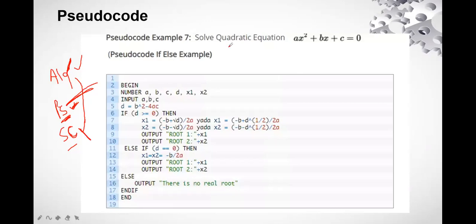So here I have taken an example. If we are solving a quadratic equation, what will be the pseudocode of this? The pseudocode will be this, that is, begin. I'm not saying how we are going to start, how we are going to include the library functions or whatever. Then how we initialize the variables, how we input the values, that is not defined. That will be designed in the code according to which programming language we are going to use.